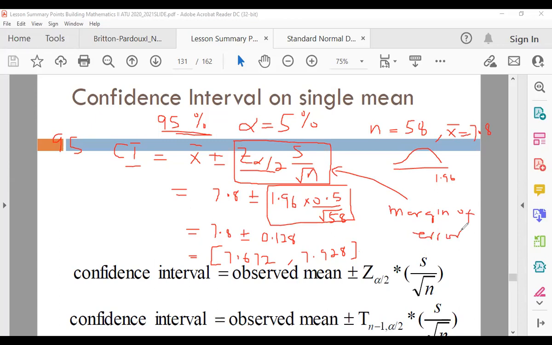Good. Now somebody will ask, okay sir, what if our sample size was less than 30? Then we follow the same procedure.